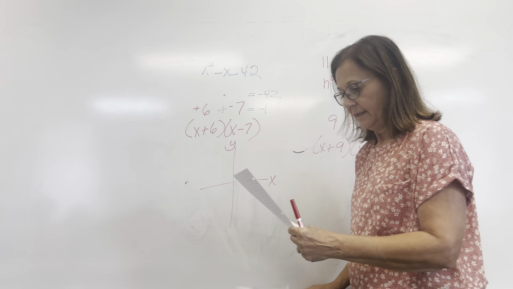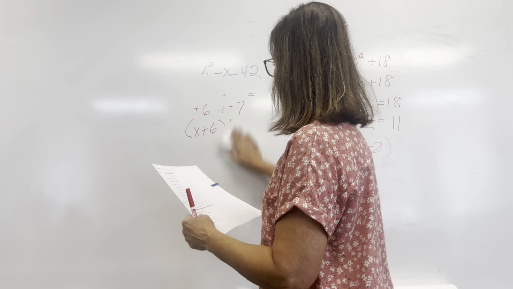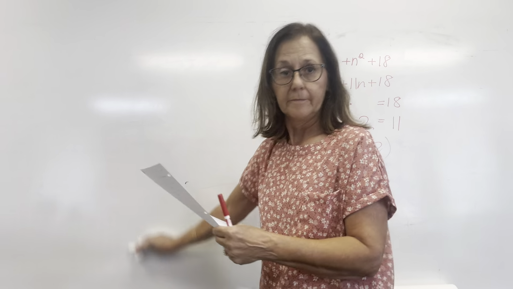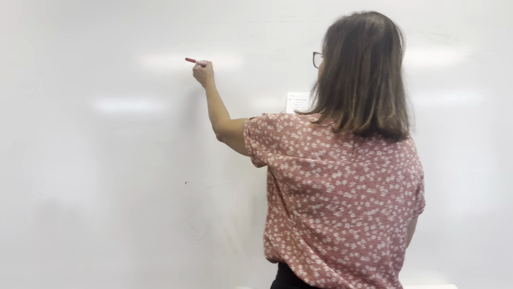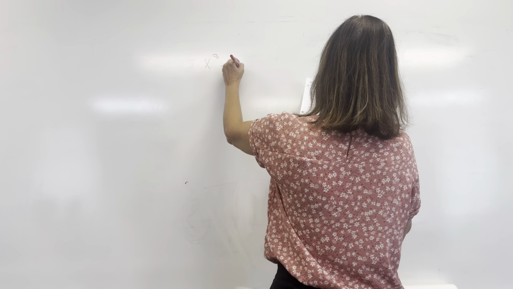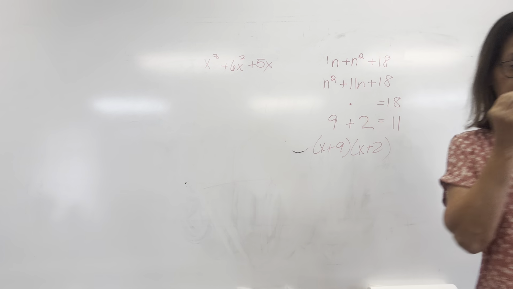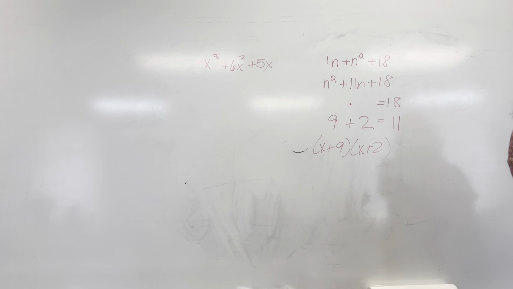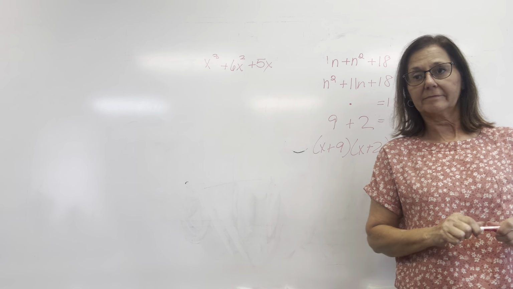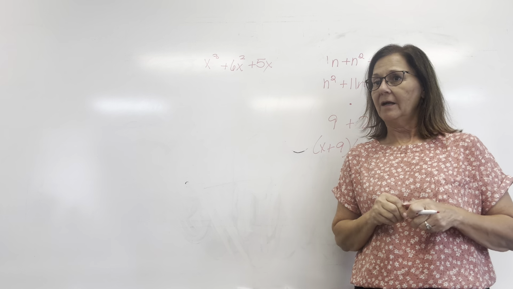All right, let's jump down to the first one under number 3. Okay, it wants us to factor this. But do you know how to factor this? Okay, Locke, what do we do?